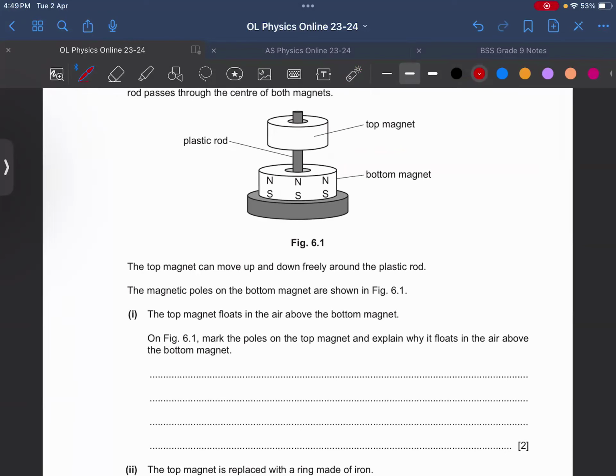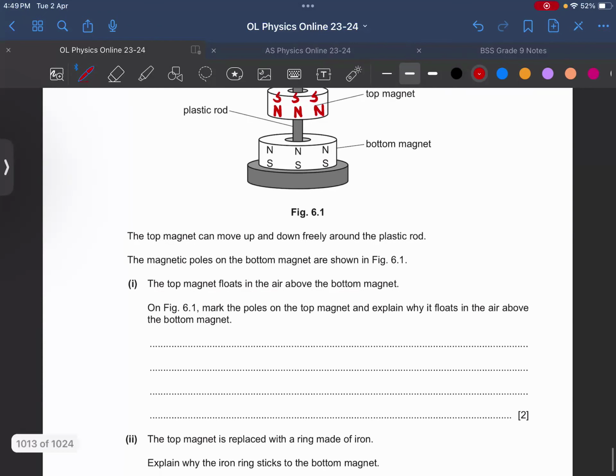So if there is a north at the top of the bottom magnet, facing it there will be north at the bottom of the top magnet. So north, north, north. Similarly, S, S, S. And explain why it floats in the air above the magnet. So what is the direct reason? You would say like poles repel.